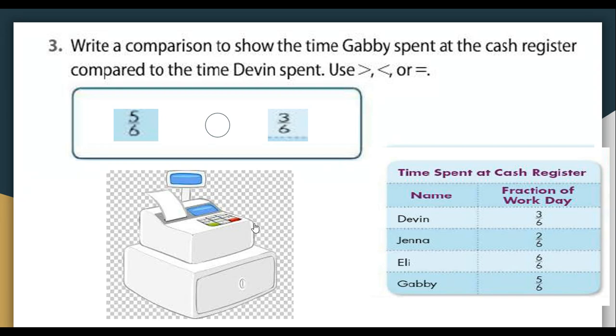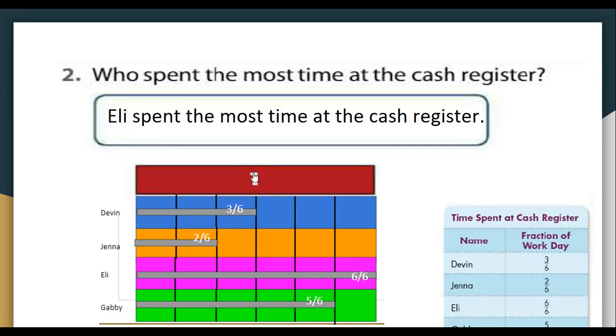All right. Now, if we wanted to go back and take a look at our previous work that we completed, compared to Gabby and Devin, which one worked the most time at the cash register? So we're comparing 5/6 and 3/6.